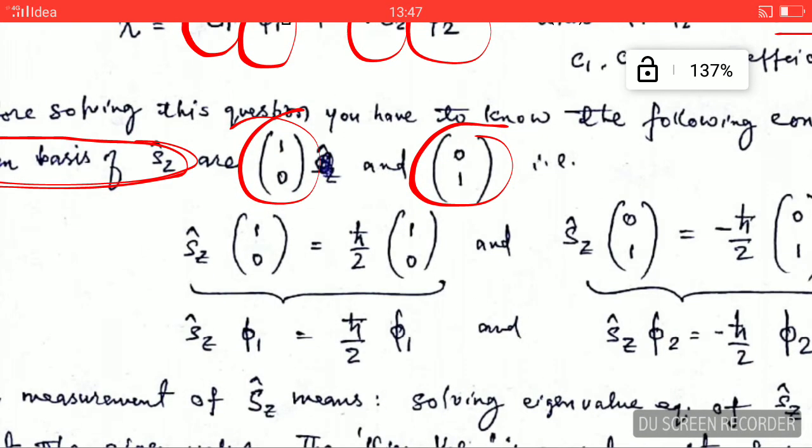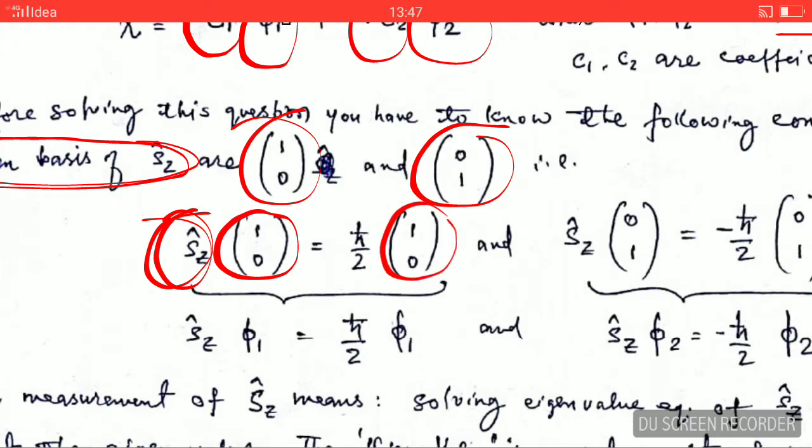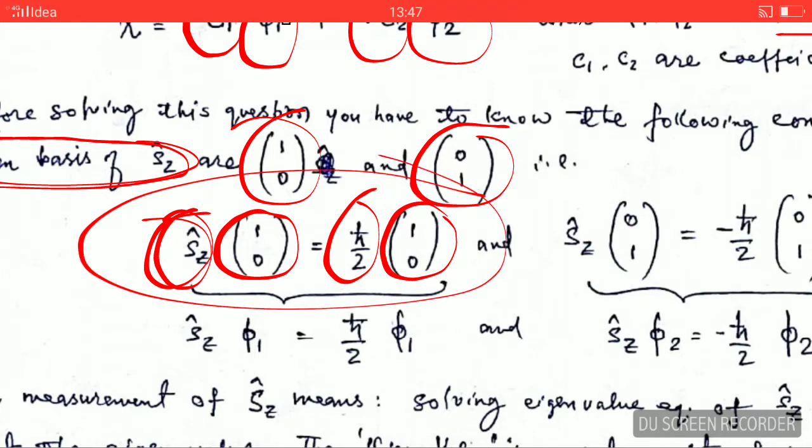Here Sz is the operator, and when this operator operates on the eigenbasis, or here the eigenfunction, it gives back the eigenfunction with an eigenvalue. So this whole is the eigenvalue equation, and this h naught over 2 is the eigenvalue.